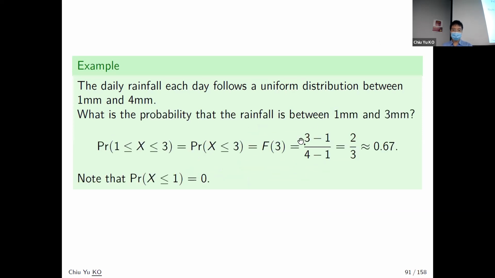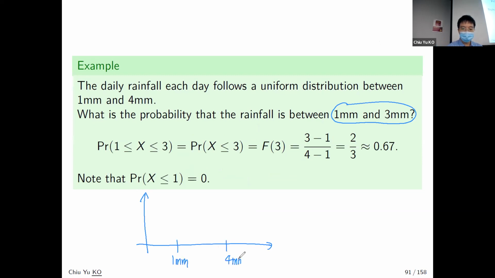I think we have a question here asking the same setup, but asking what is the probability of rainfall between 1 mm and 3 mm. Just to remind you, A is 1 mm and B is 4 mm.